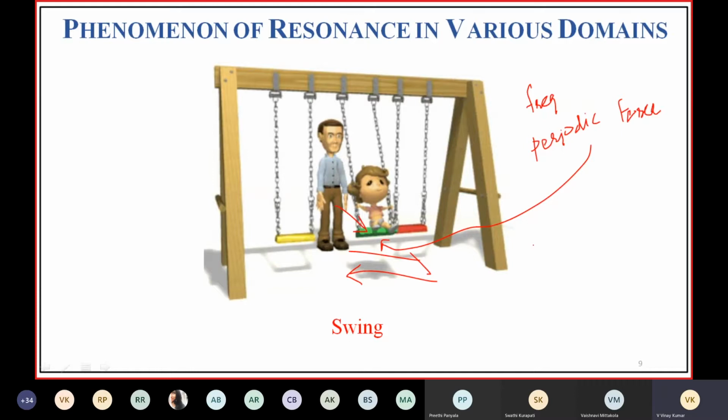It means at resonance, the swing will be in motion with greater amplitude. You can increase the motion of the swing at resonance.